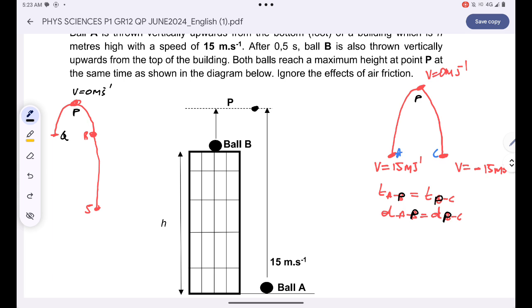That simply means that the two balls A and B will reach the ground simultaneously as well. Are you together? Because they are both traveling under free fall, and if they have the same initial velocity at maximum height, it simply means that they will have the same velocity whenever they reach the ground.